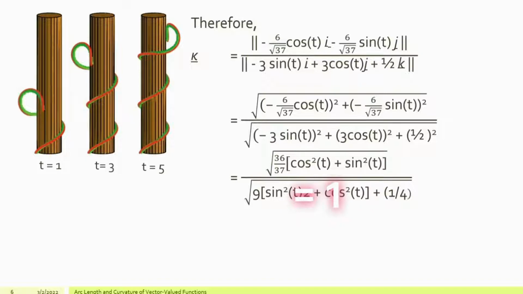After factorizing, we know cosine square t plus sine square t equals 1. Hence, the kappa value is 12 over 37, or equals 0.324 growth rate.